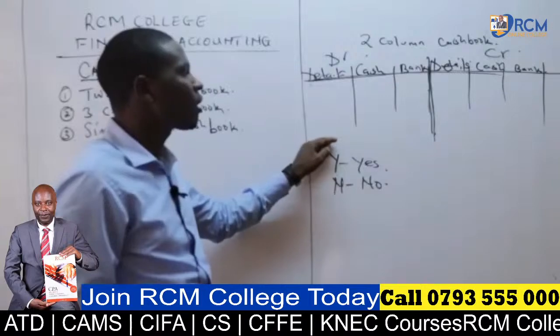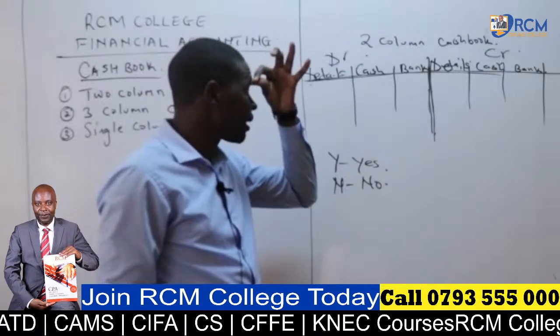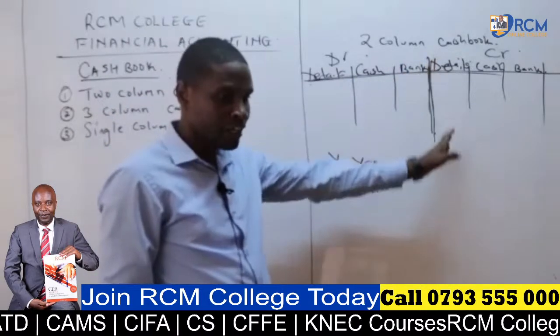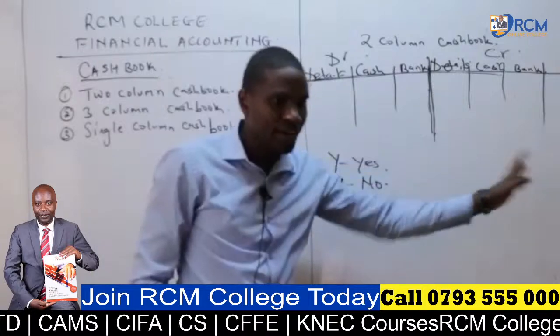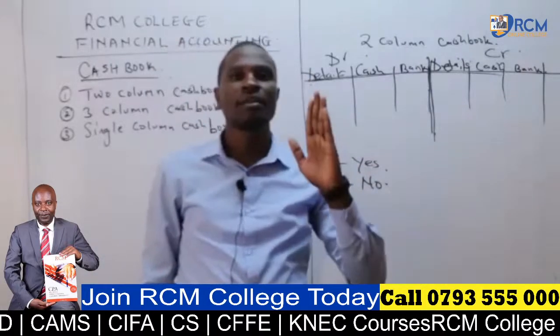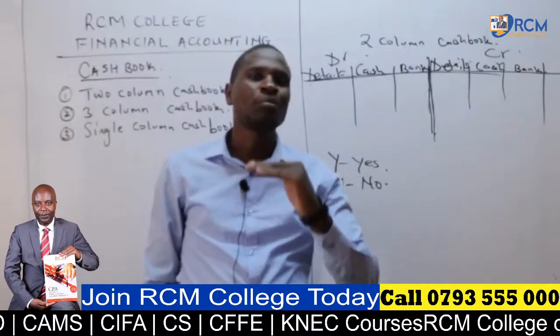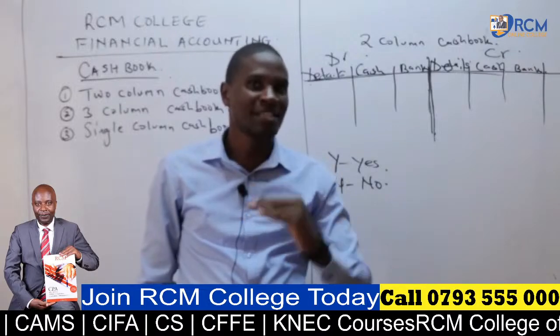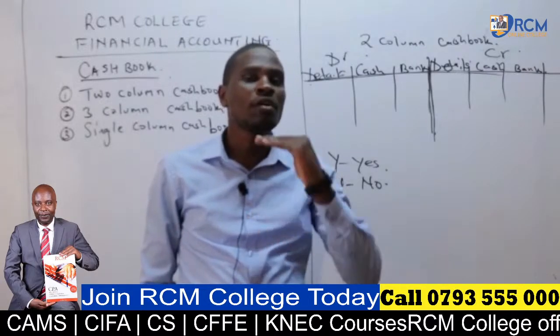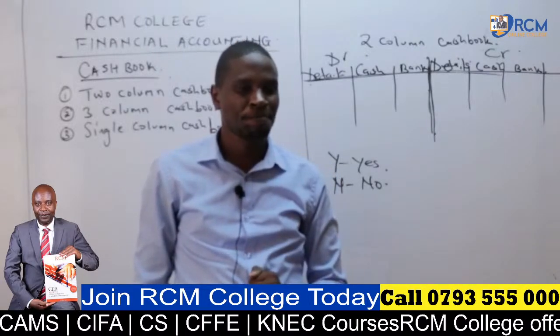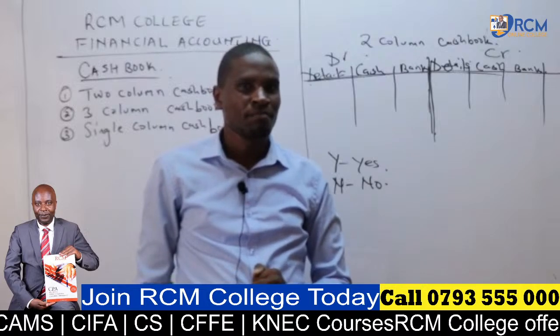So for a 3-column cash book, it will be like this, but we add another column for the discount allowed and the discount received. Class, I'm just reminding you the basics. Good that you know that.